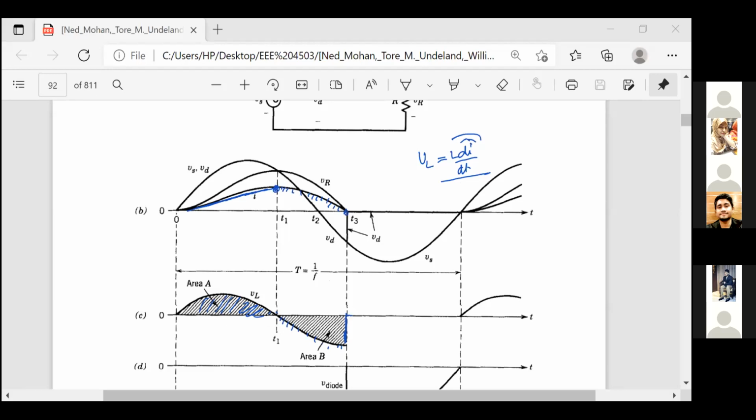So this is area A, and this is area B. In the book, it is already proved that area A will be equal to area B. How can we prove that? We know that VL equal to L di by dt.